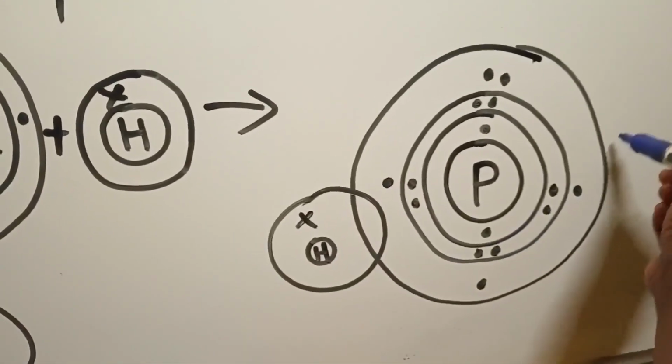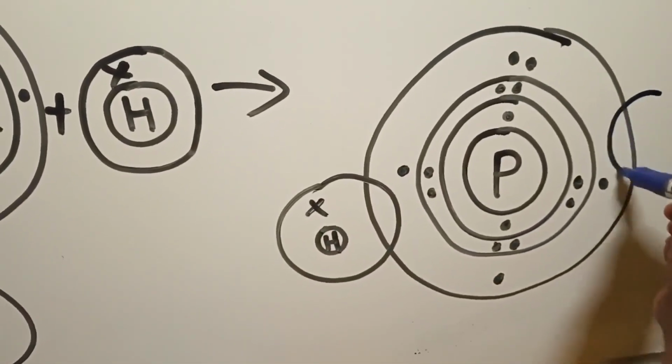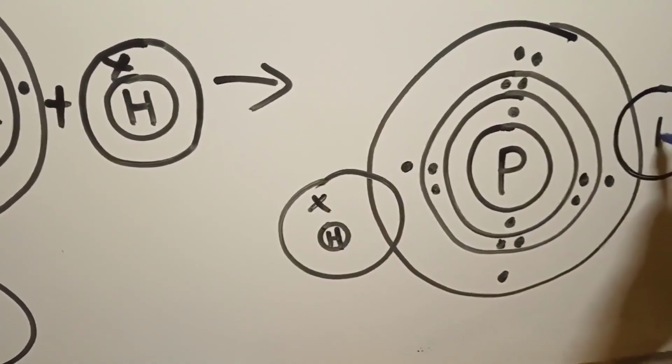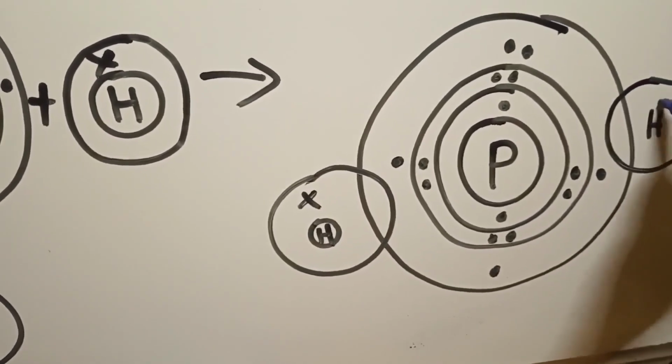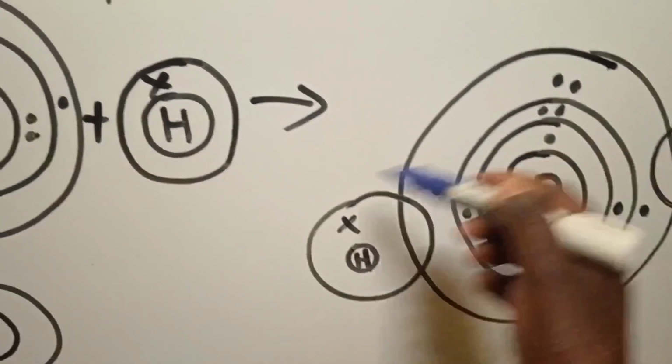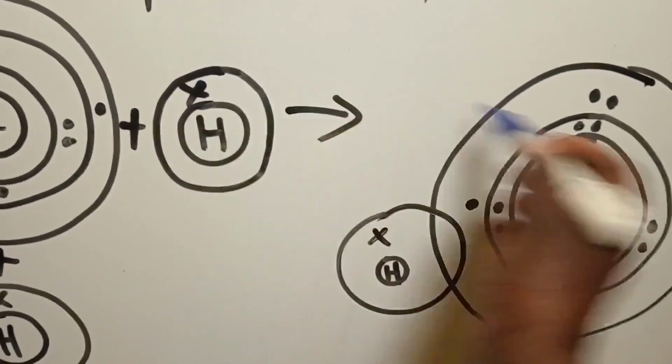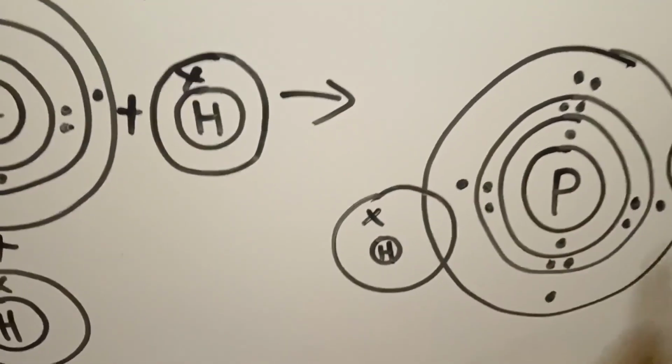Then we go to the other side. We also show the hydrogen with the nucleus there, and it had this one electron. We indicate it there first.